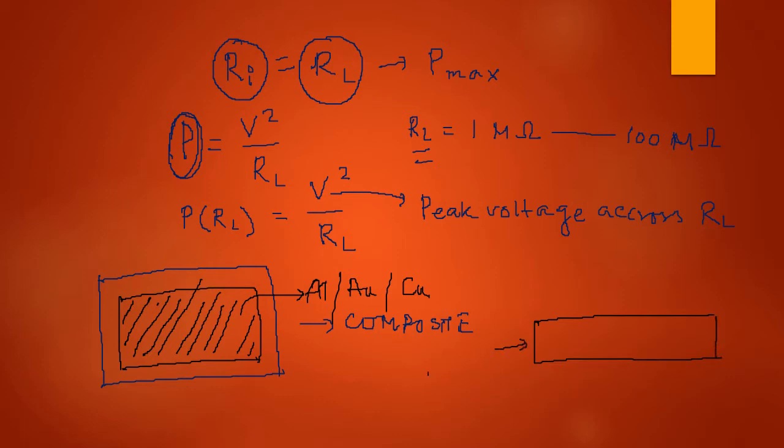This is your top electrode, and maybe the bottom surface you have completely electroded. But still in this case the active area will be the area of the top electrode.